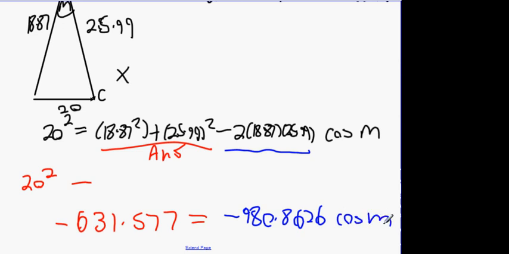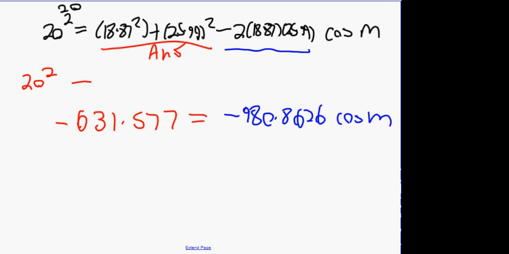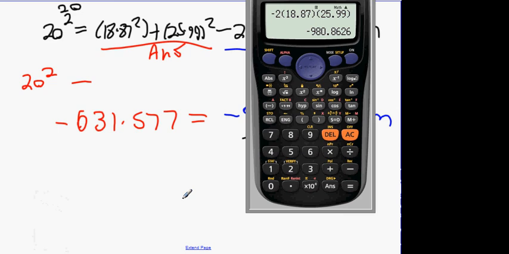Now, cos M. What I want to do next is divide the first number by this part here. So it's going to be 631.577 divided by the answer. And what we get there is 0.6439.